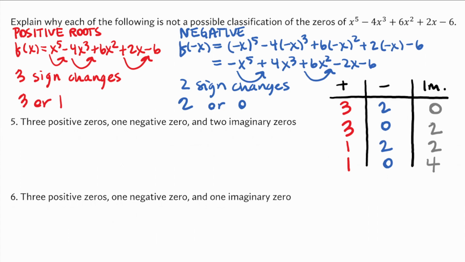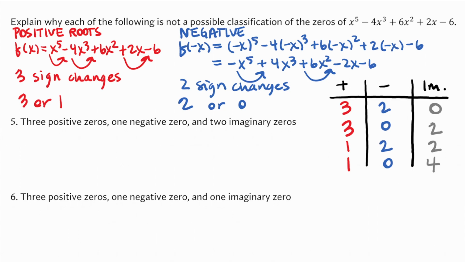Okay. So this table off to the side should have enough information to tell us why 5 and 6 and 7 and 8 must be false. So 3 positive zeros, 1 negative zero, and 2 imaginary. Well, that would be a total of 6, and it's a fifth degree polynomial.